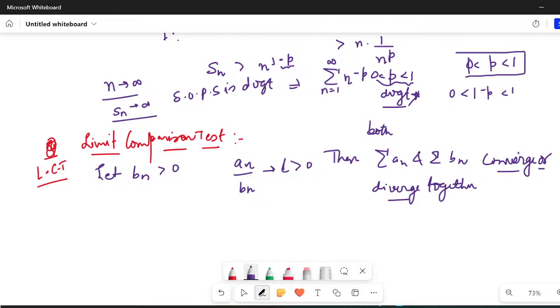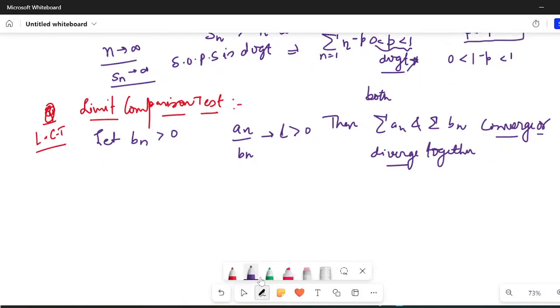Another test that you should keep in mind is called Cauchy's integral test, and this is another important test. Two more tests I'll write, and I think that would be enough for you. I think for physics people it will be enough.